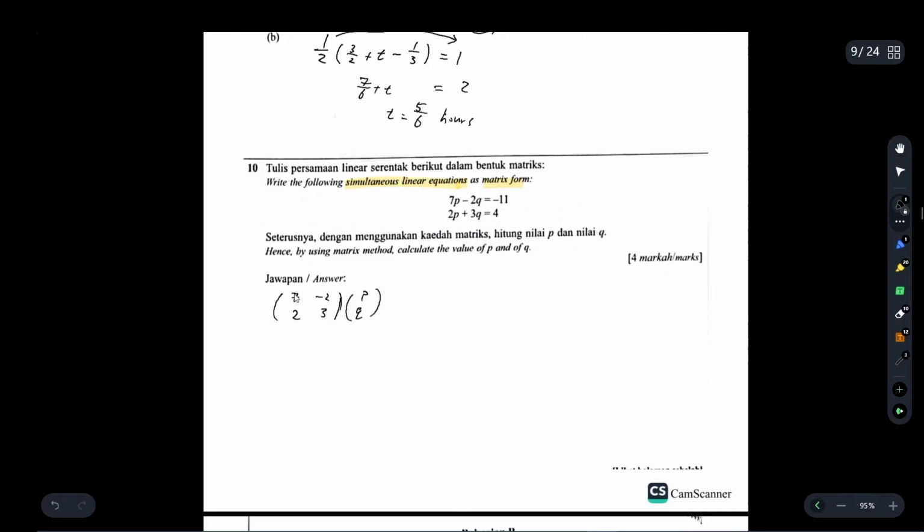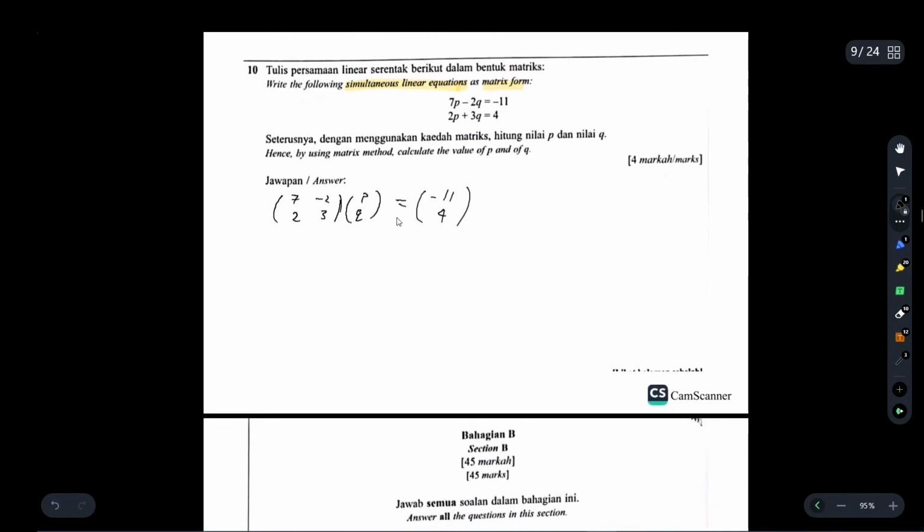What do we call this? I think this is called 2 by 1, right? Yeah, 2 by 1, and the same goes for this, 2 by 1. Right, now we can solve it.